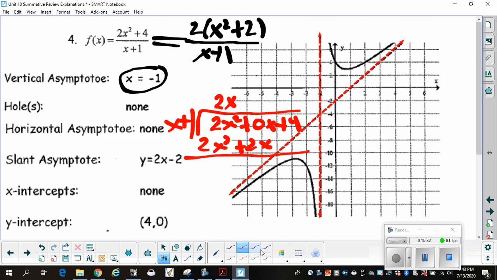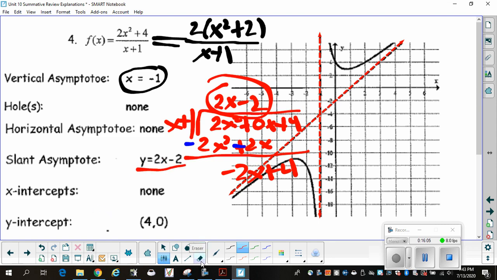And then you are going to subtract everything. So conveniently, the 2x squared minus 2x squared goes away. 0 minus 2x leaves you with negative 2x plus 4. X will go into negative 2x minus 2 times, and we don't care about the remainder. So y equals 2x minus 2, right here. That is your slant asymptote.